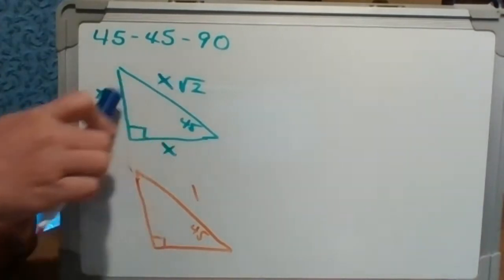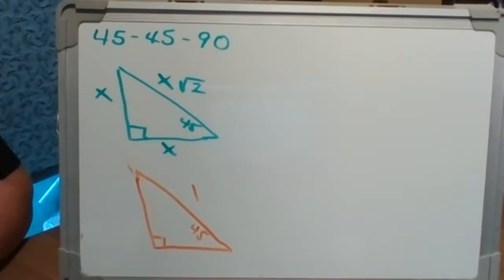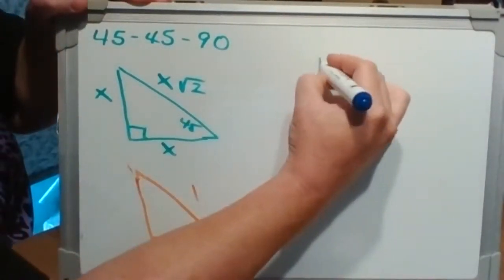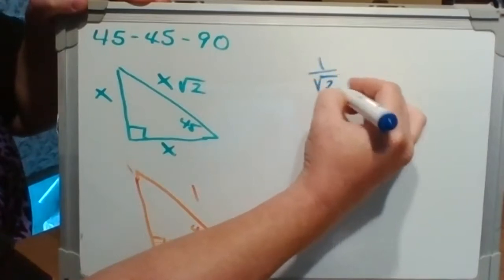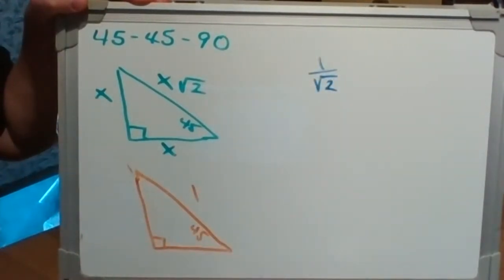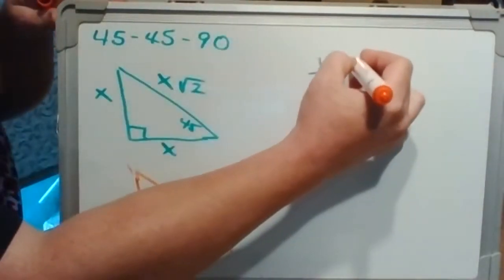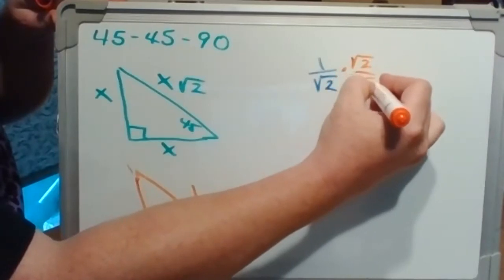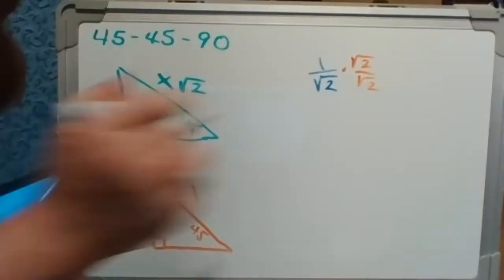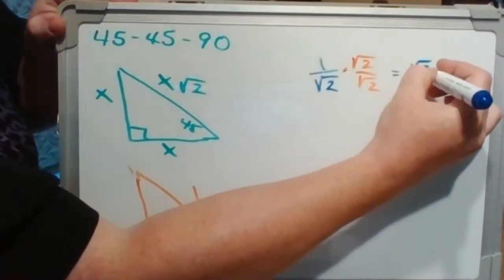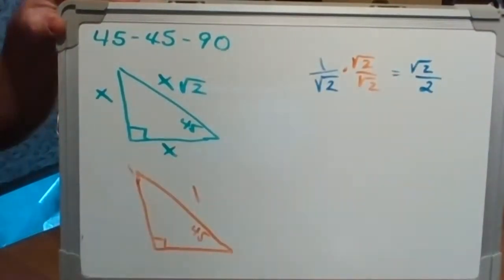But to go from the hypotenuse then over to the side, what would we have to do? Divide by the square root of 2. So we're going to take our hypotenuse of 1 and divide it by the square root of 2. But of course, we want to rationalize that. And we end up with square root of 2 over 2.